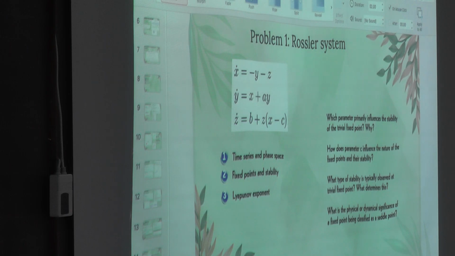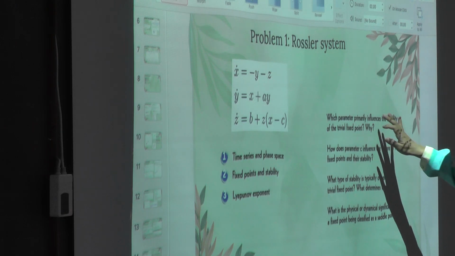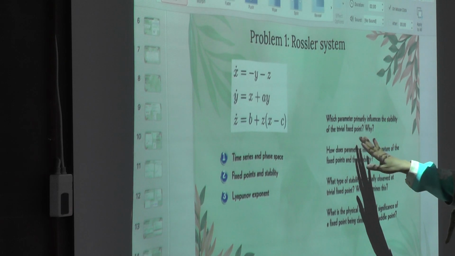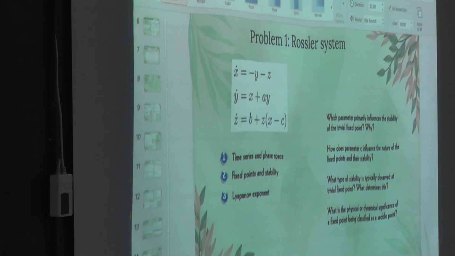So a will affect the second eigenvalue, which corresponds to the linear growth or decay. So that's why a plays an important role in the stability of 0, 0, 0.